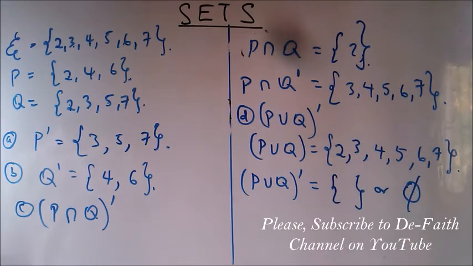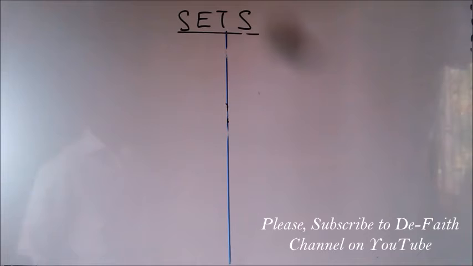Here's the question that says, draw a Venn diagram with sets universal A and B such that the number of elements in A intersection B equals 5, the number of elements in A union B, complement, equals 8, and the number of elements in A complement intersection B equals 2.